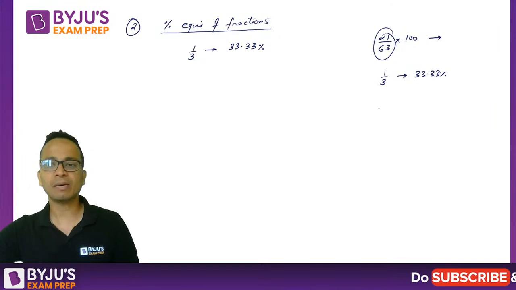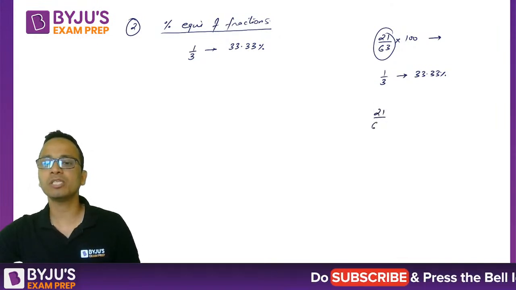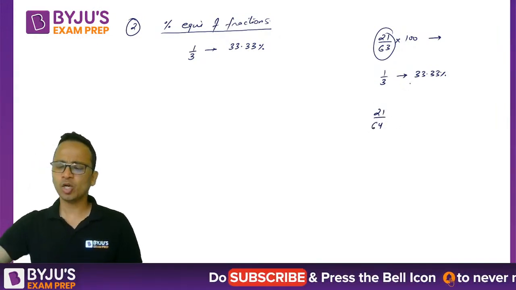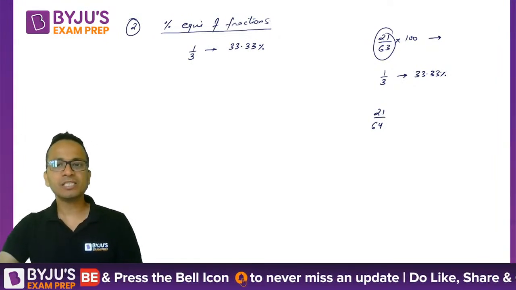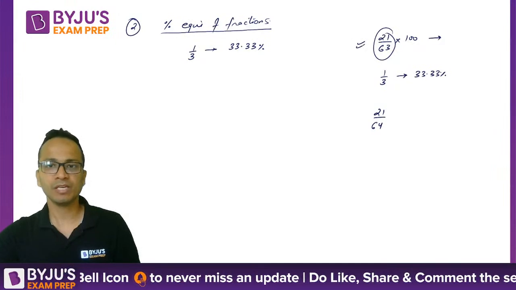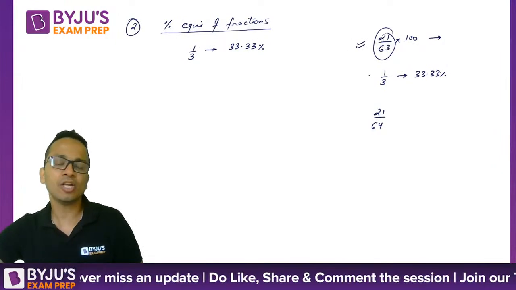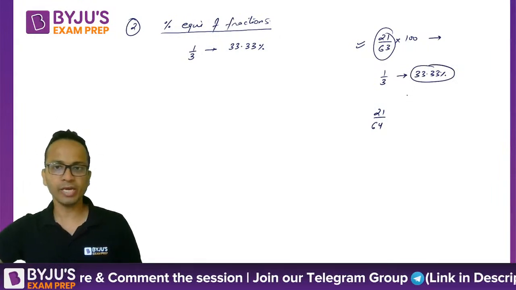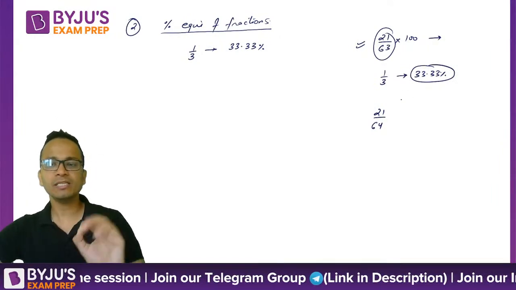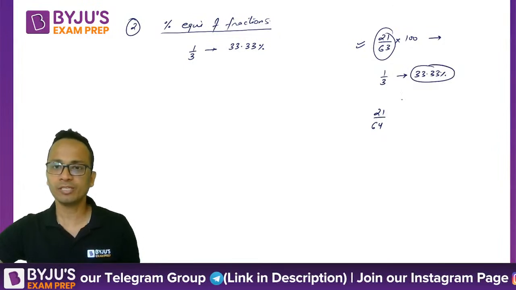Also if you have something like 21/64, okay, it is 21/64. Now we know that if instead of 64 it was 63, if there would have been 63 in the denominator, then the answer would be 33.33. Okay, 21/63, the answer is 33.33.